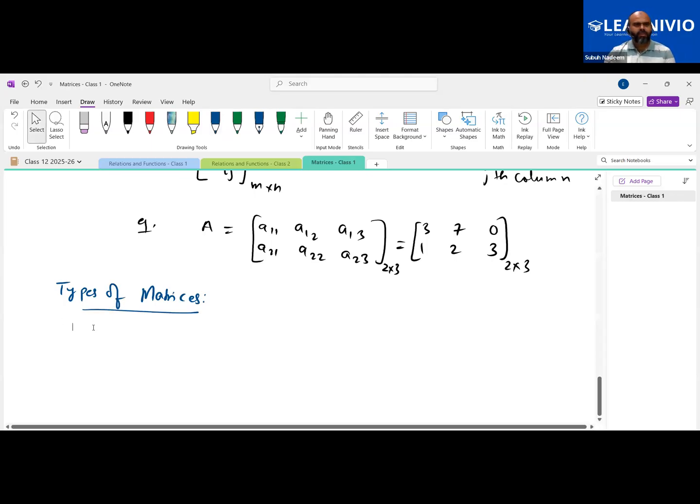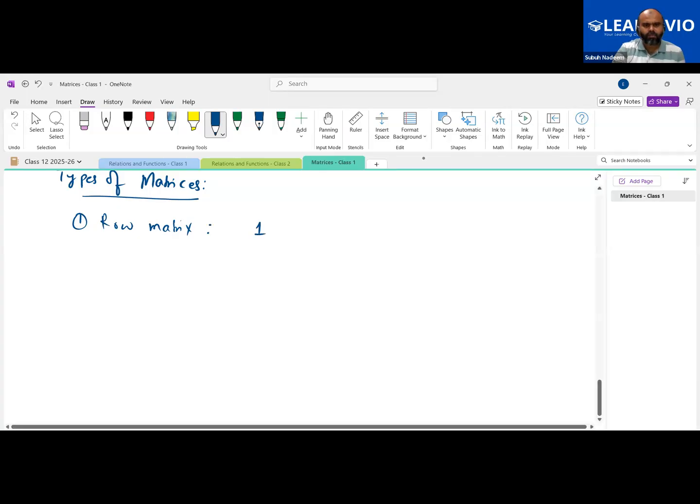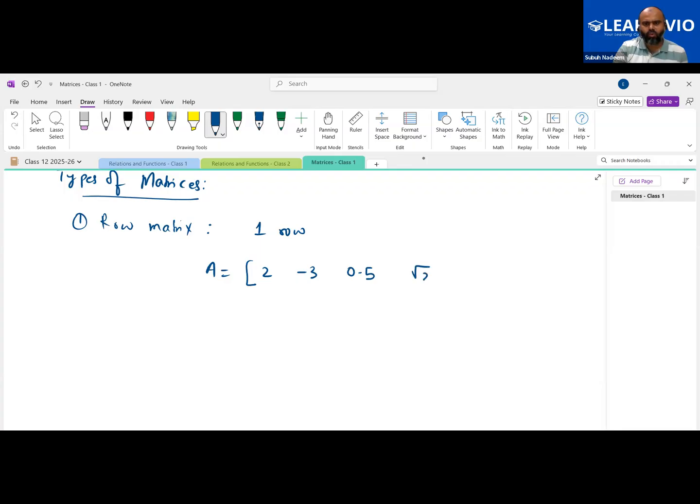Types of matrices: first of all, we have the row matrix. As the name suggests, a row matrix is a matrix which is having only one row. The number of columns can be as many as possible, but the row is one. So A is a matrix with elements 2, -3, 0.5, and root 2.